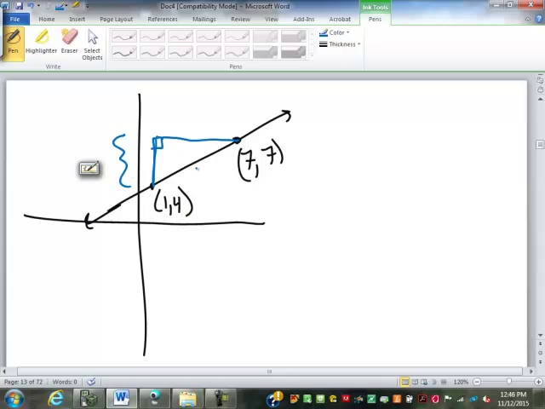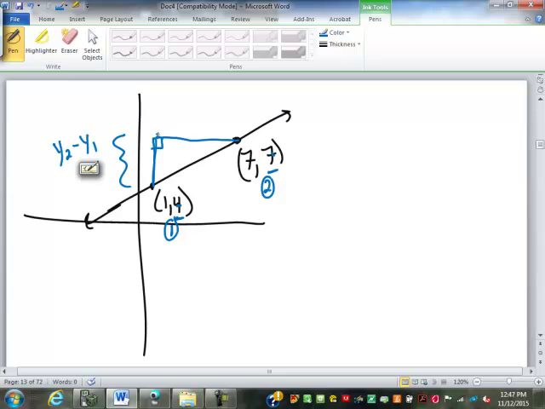Okay, it's the difference between my y coordinates from 4 to 7, right? That is the difference in my y coordinates that gives me that. And what Eric just said, if I call this point 1 and this point 2, this would be y2 and this would be y1. The y coordinate of point 1, y coordinate of point 2. That rise is y2 minus y1.